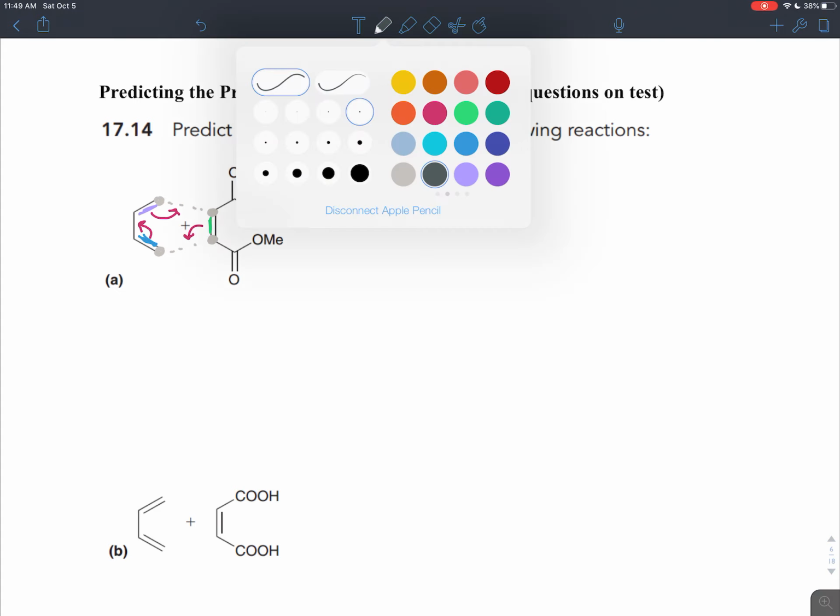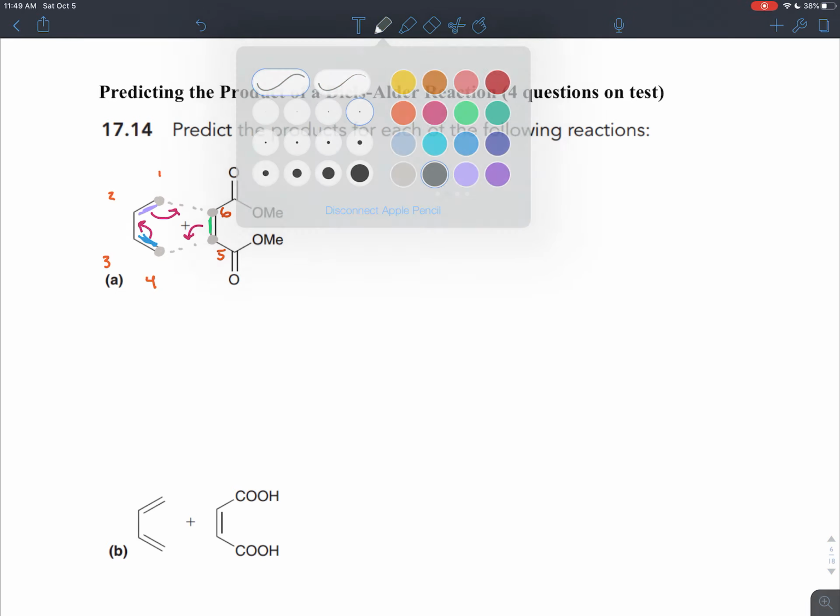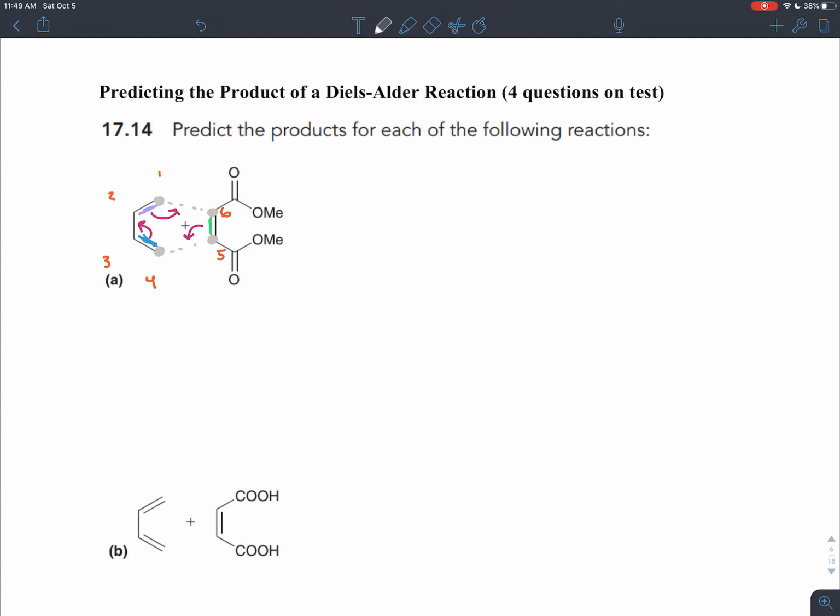If it helps you, you can number the carbons. So we have 1, 2, 3, 4, 5, and 6. We're going to draw a ring with 6 carbons, and numbering it, we've got 1, 2, 3, 4, 5, and 6.